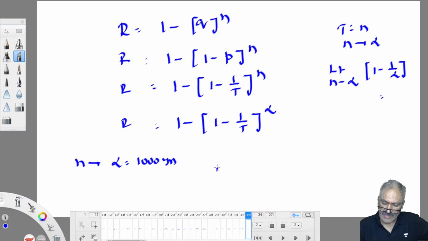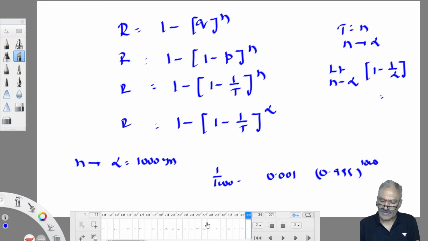If you take n value as 1000 years, so 1 by 1000 is nothing but 0.001. 1 minus 0.001 is 0.999, to the power 1000 again. So 0.999 to the power 1000, approximately I am saying, trial and error it is. 0.999 to the power 1000 is almost 0.3676.